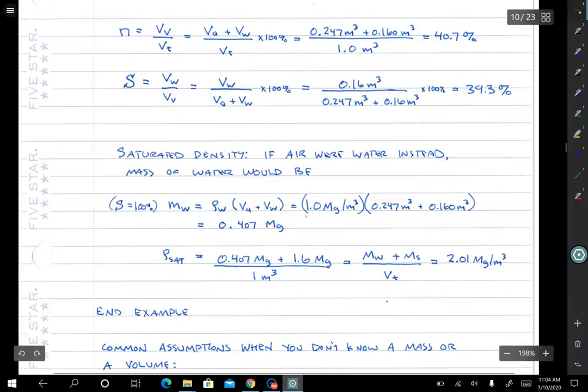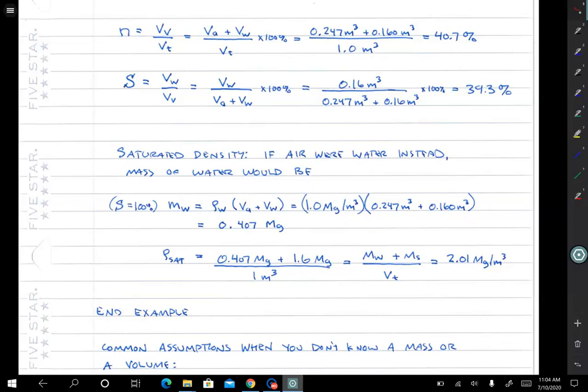So you end up with this equation here, and the mass of water would be 0.407 megagrams. Then the saturated density is equal to that mass of water, if it was saturated, plus the mass of solids divided by the total volume, and you get 2.01 megagrams per meter cubed.